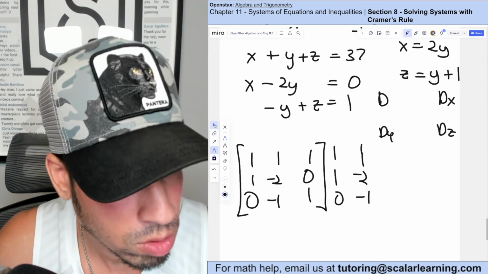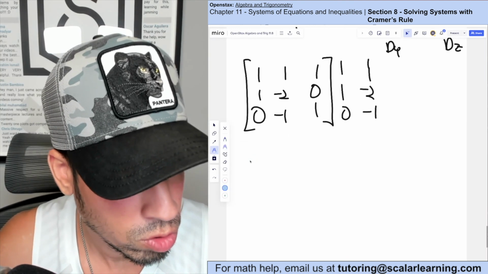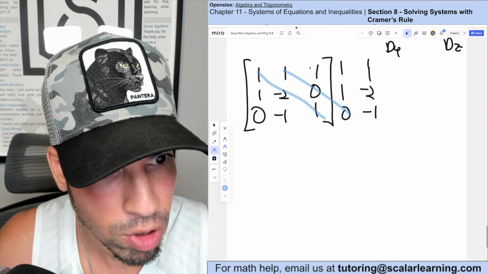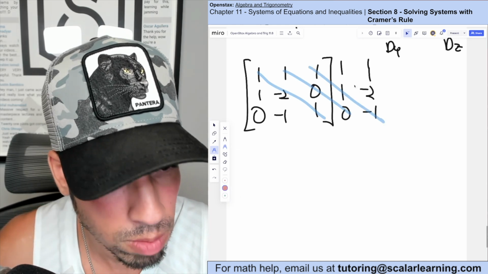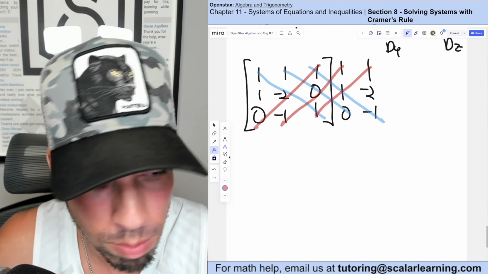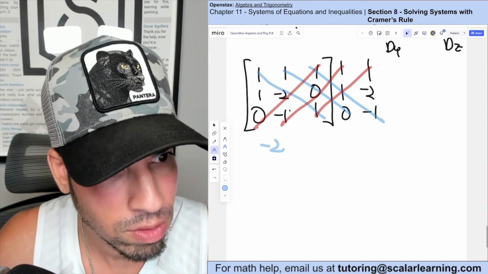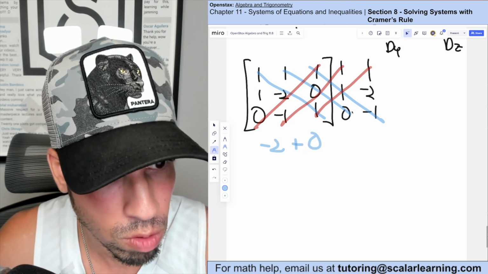And now we are going to multiply. Let's make a little bit more room. So we're going to do that product plus that product plus that product. So the blues are sums or positive. And then we're minusing that product, and that product. So the reds are what we're subtracting. So here we have -2, then we have plus 0, right, because of the zeros.